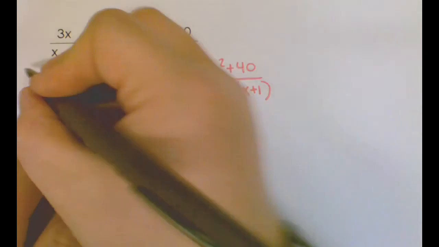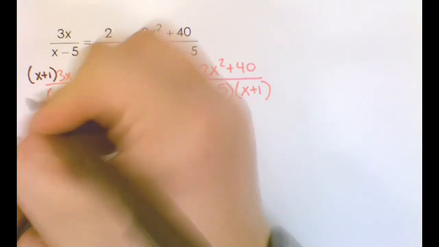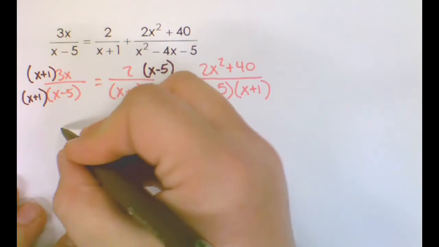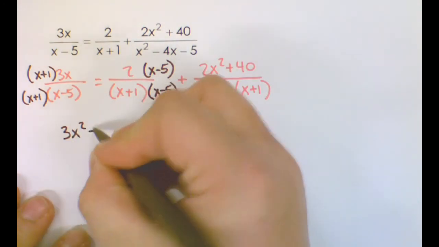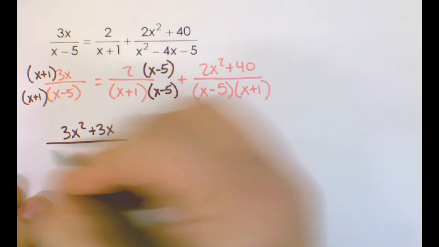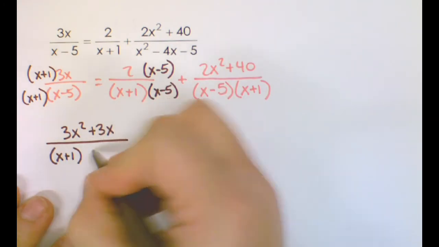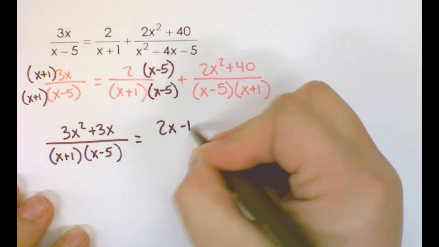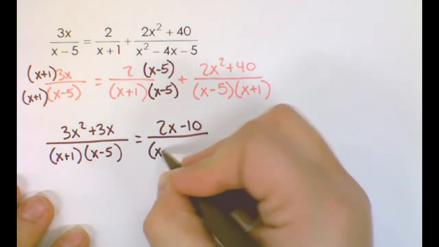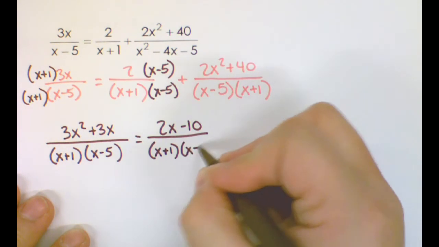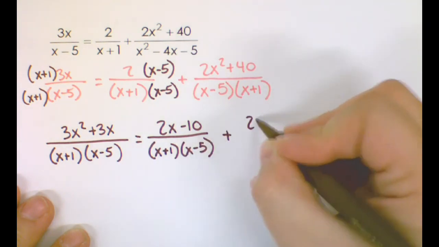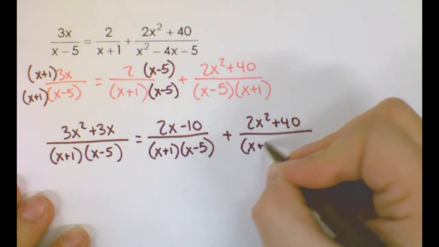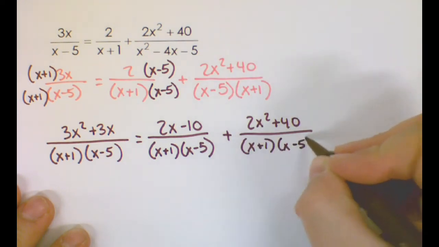The first one is missing the x plus 1. And then we distribute that in. So I have 3x squared plus 3x over x plus 1 times x minus 5 equals 2x minus 10 over x plus 1 times x minus 5 plus 2x squared plus 40 over x plus 1 times x minus 5.